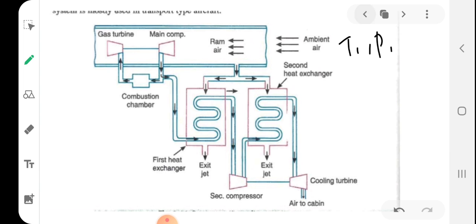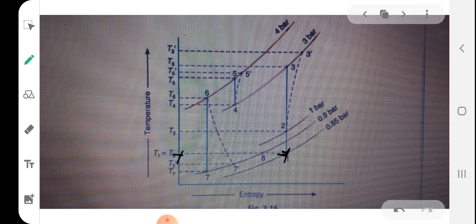From T1 to P1, what is happening? Ramming takes place. So it is rammed to how much? Ramming is taking place from 0.85 bar to 1 bar. So it is rammed isentropically to this temperature. You don't know the temperature, but you know the pressure, and entropy remains constant.